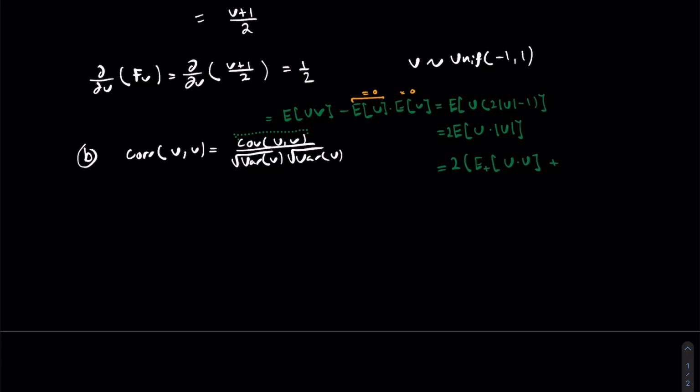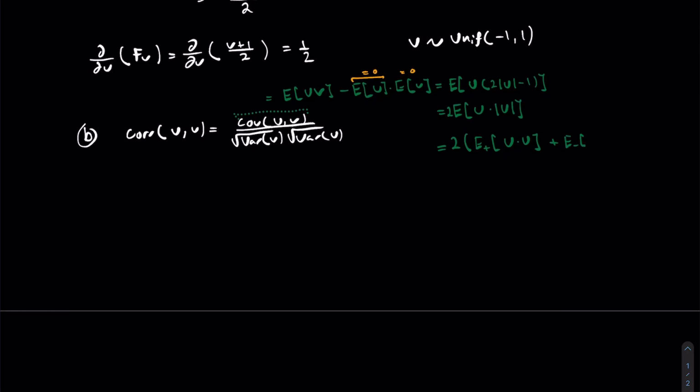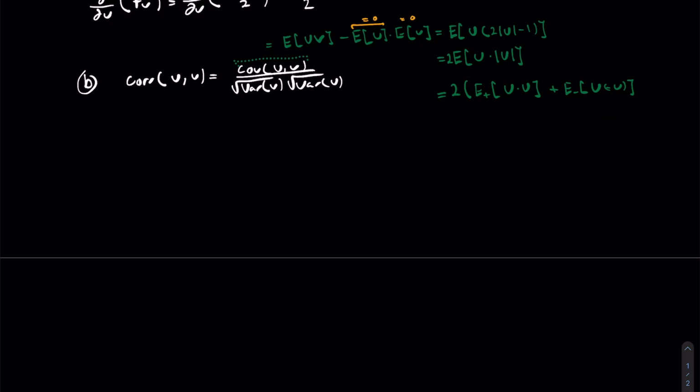Then we have the negative region, where it's U times minus U. So we have 2 times the integral over the positive region, 0 to 1, of U squared times the density of U, dU, plus 2 times the integral over the negative region, up to 0, of minus U squared f of U, dU.